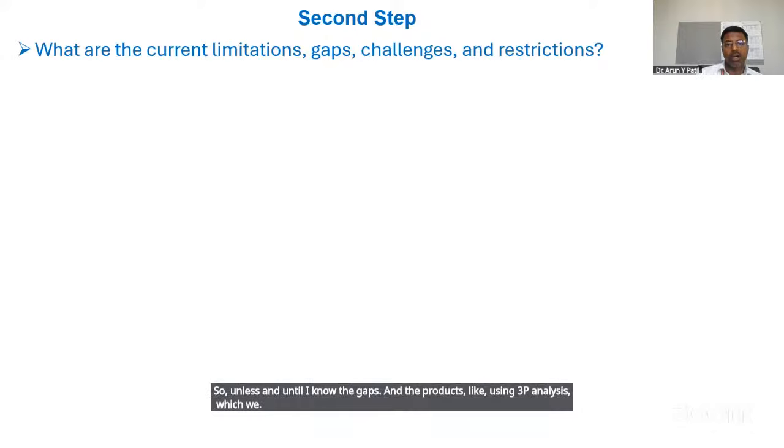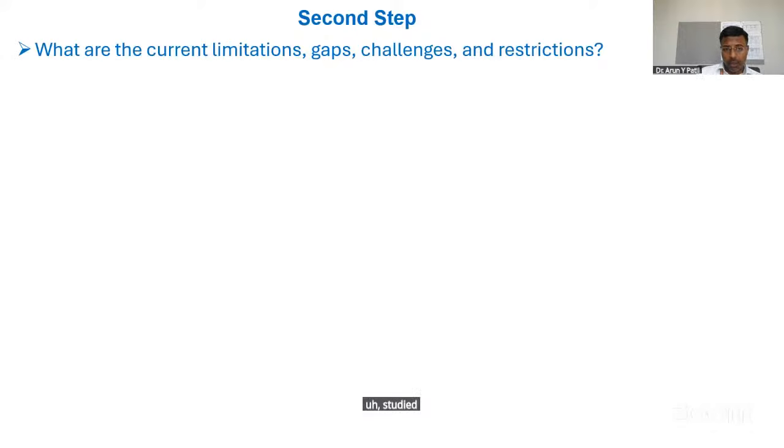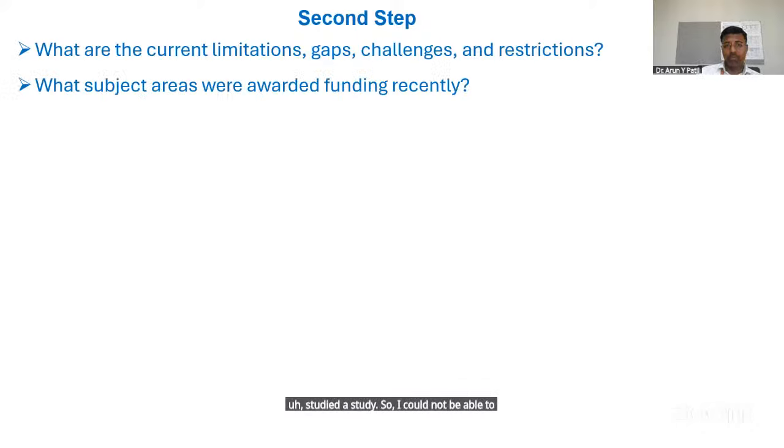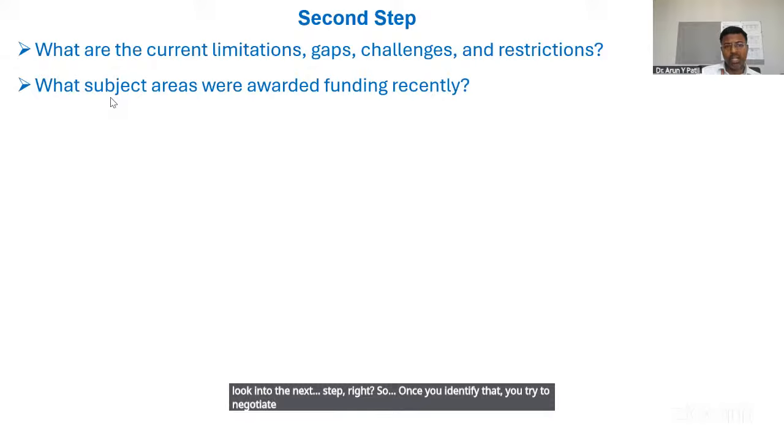Unless I know the gaps and the products, like using the 3P analysis which we studied yesterday, I could not look into the next step. So once you identify that, you try to negotiate in terms of the subject areas.